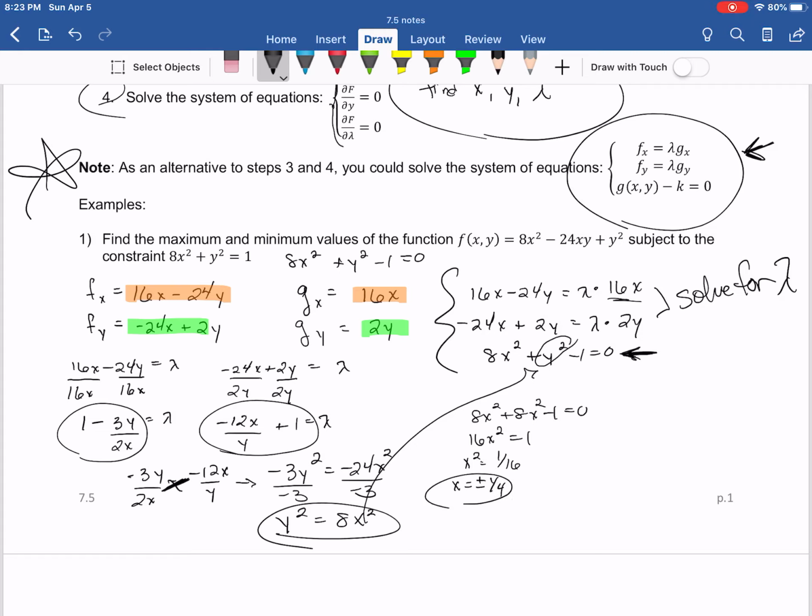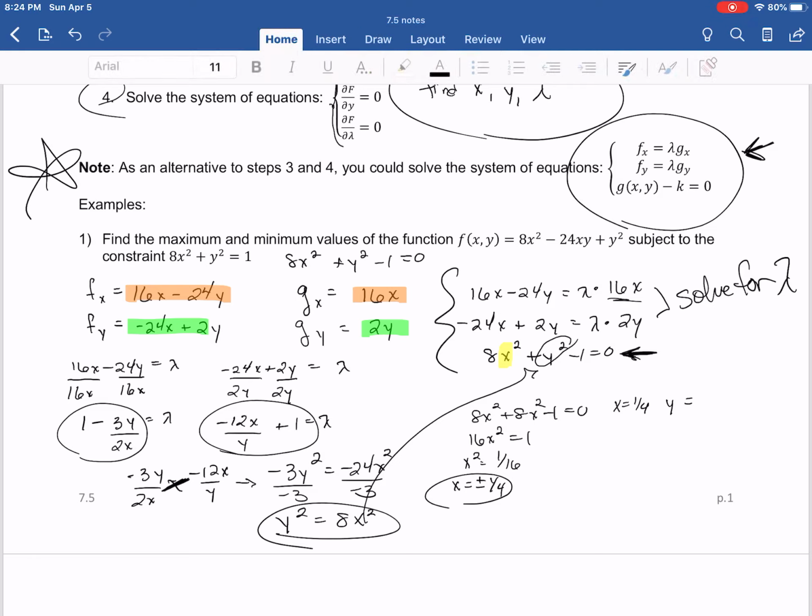All right, so what we have to do at this point is figure out all of the corresponding values of y that go along with each value for x. In other words, if x equals 1/4, how much does y need to equal? And to figure this out, you're going to utilize that constraint equation, right? So if x equals 1/4, you're going to put the 1/4 in right here. And you're going to solve for y.